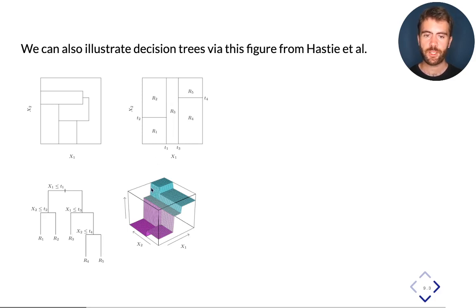And finally, I just want to make a note that not all regions will correspond to a tree. So here on the left, we have an example of a set of regions that cannot be obtained by rules coming from a decision tree. You can see that, for example, for this region, there is not a simple branching algorithm that can determine it.